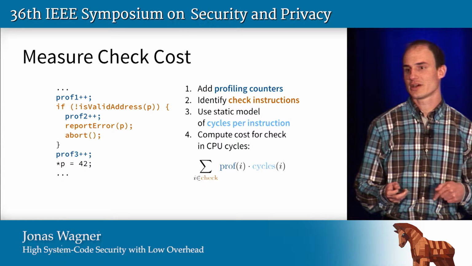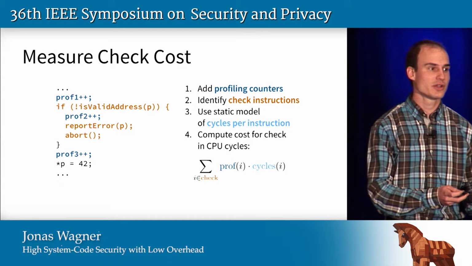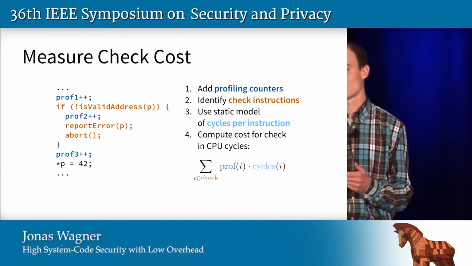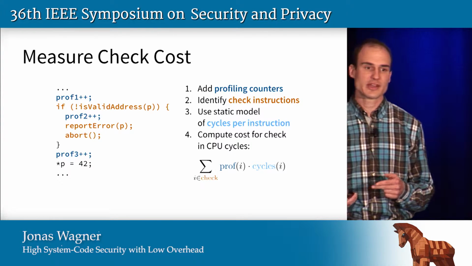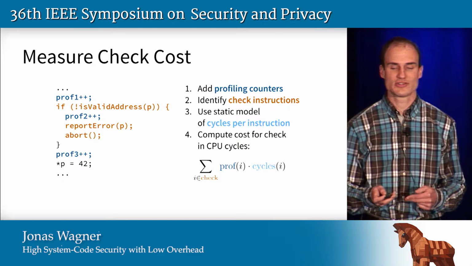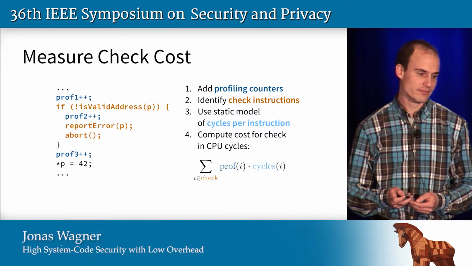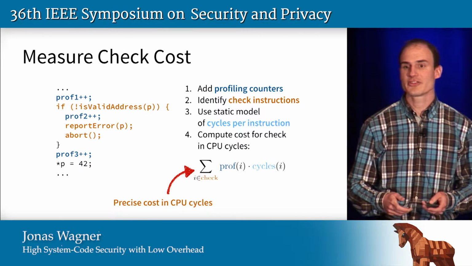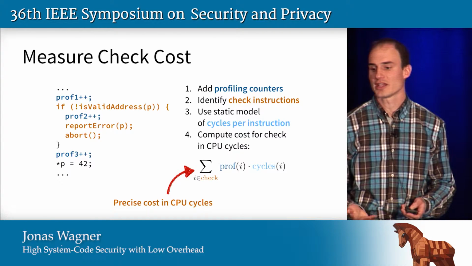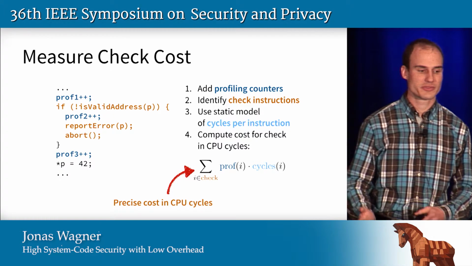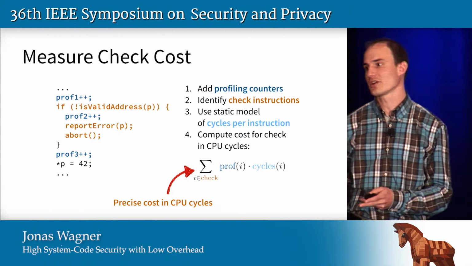It multiplies the number of times an instruction is executed with the number of cycles such an execution takes, and it sums up these numbers over all the instructions in a sanity check. This gives a precise cost measured in CPU cycles. And in practice, we found that this works very well to distinguish both the checks that are cheap and the checks that are expensive.